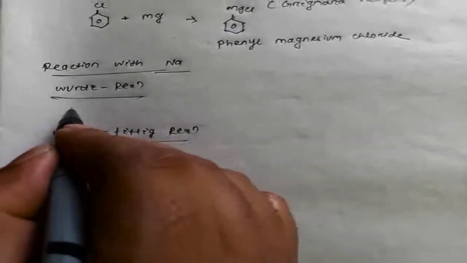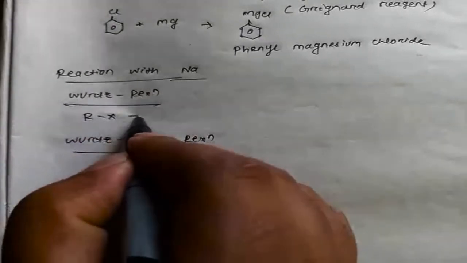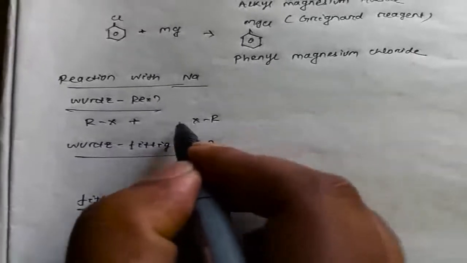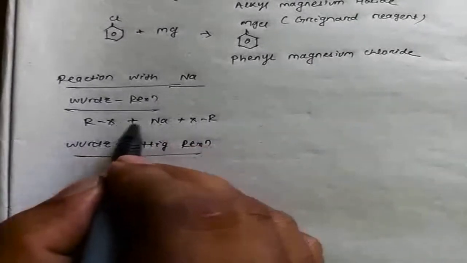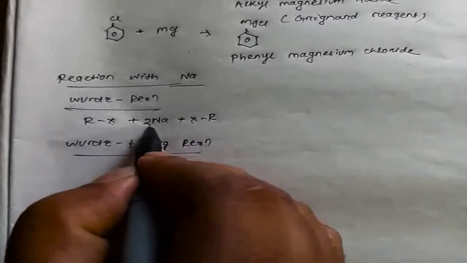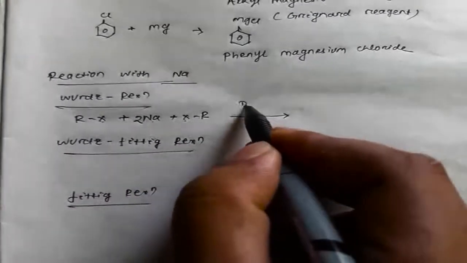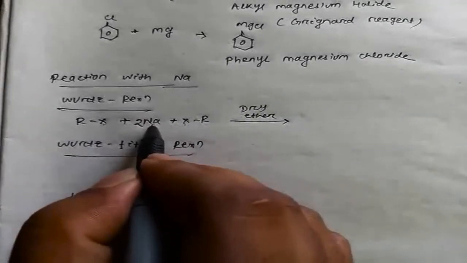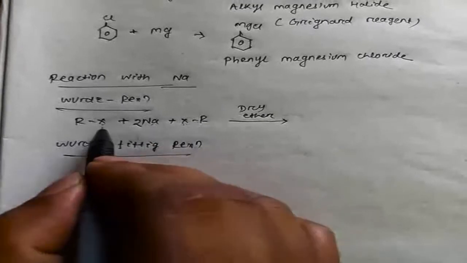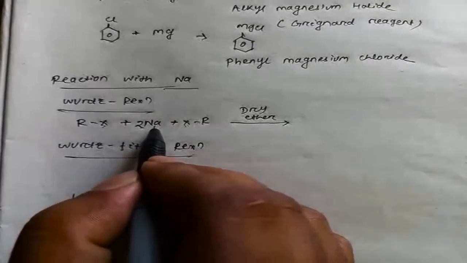In the Wurtz reaction, 2 molecules of alkyl halide react with sodium metal in dry ether medium to give Na positive, halogen negative. Here halogen is -1, so for 2 molecules of halogen, 2 is multiplied here. So 2 molecules of halogen combine with 2 atoms of sodium.